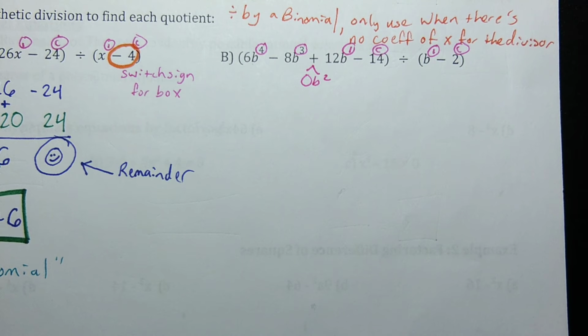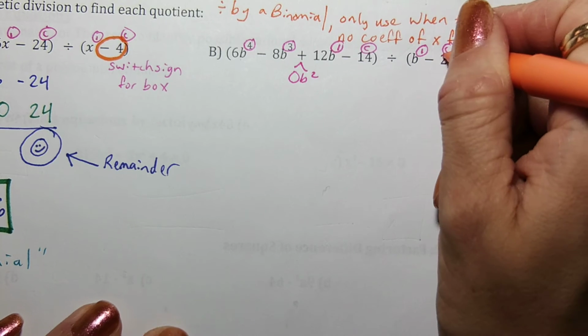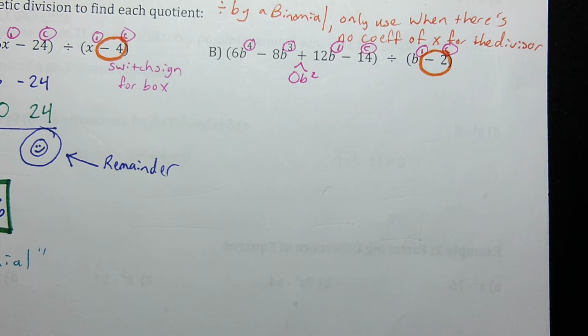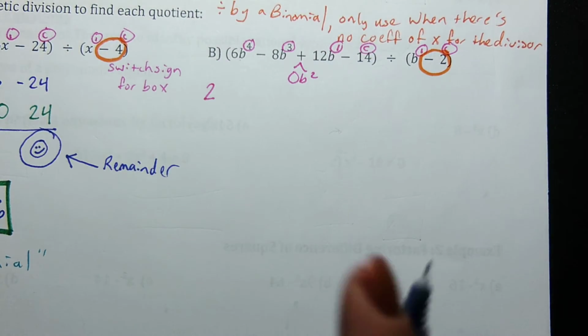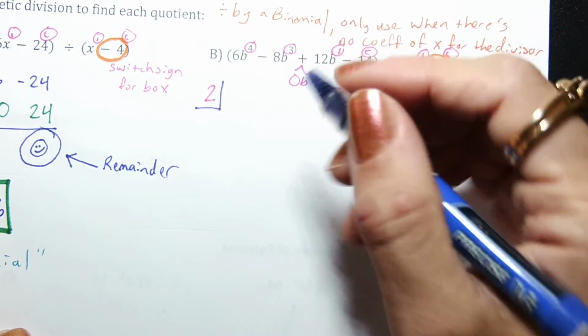So just like we need power placeholders with long division, we need them with synthetic division as well. So if it's b minus 2 in the divisor, what are we going to put in the box? Positive 2. So you always flip the constant sign, put it in the box.